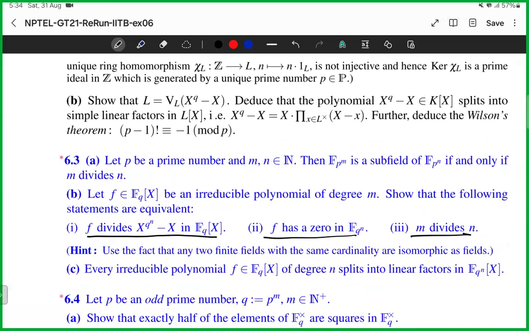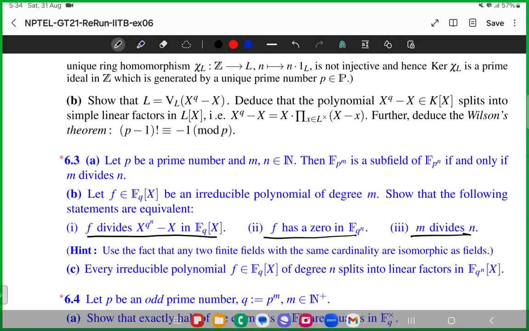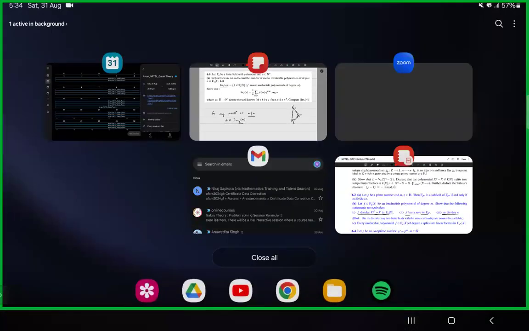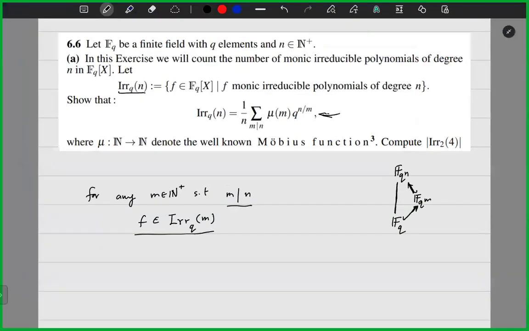All three are equivalent, right? So any irreducible monic f where m divides n divides this polynomial x to the power qn minus x.